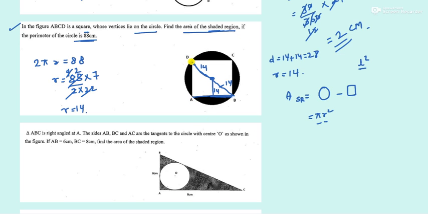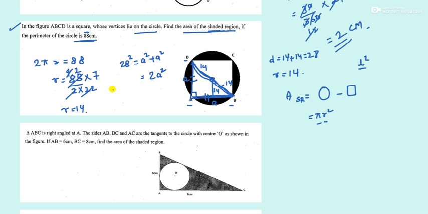If you look at this figure carefully, okay, these two are the sides of square, correct? It means they should be equal, and this alone is the diameter. So if you use, like DAB, if you use Pythagoras theorem here, this will be 28 square is equal to, if this is A, this will also be A, correct? So it is A square plus A square. This is 2A square.